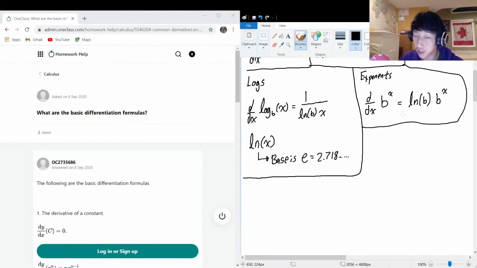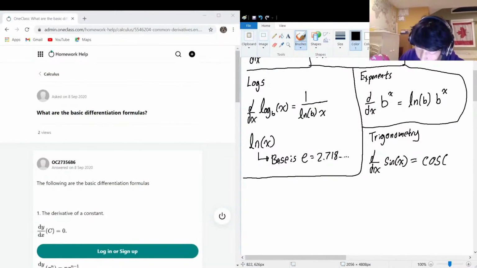The other main ones are for trigonometry. They look like this. d over dx of sine of x, that's cos. And d over dx of cos of x is negative sine of x. If you forget the negative, you're going to be in trouble.